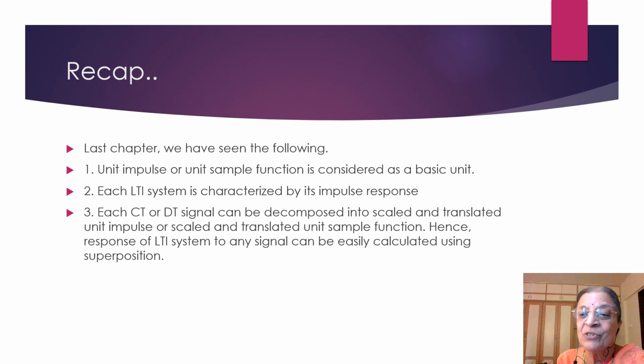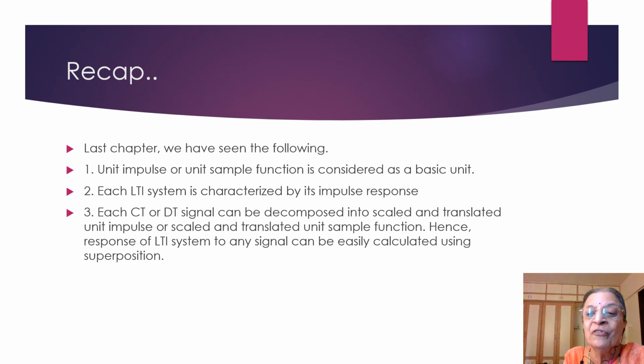Now, on similar lines, in this chapter, we will study how we can use the trigonometric functions and exponential functions as basic units, and each periodic signal we will try to represent in terms of a combination of the trigonometric functions, sines and cosines, or the exponential functions.